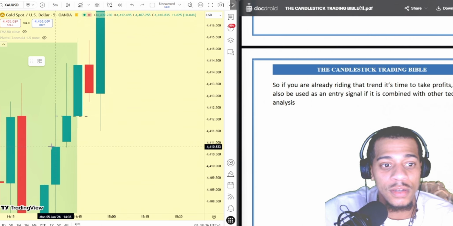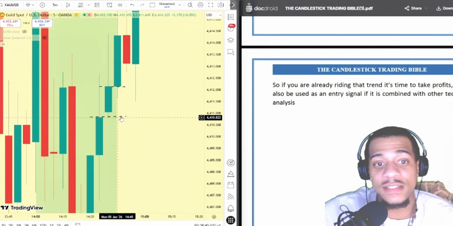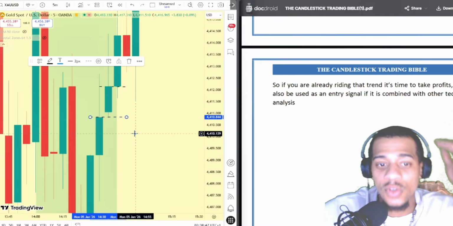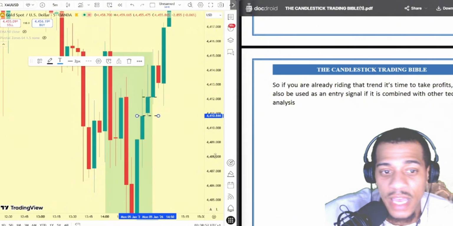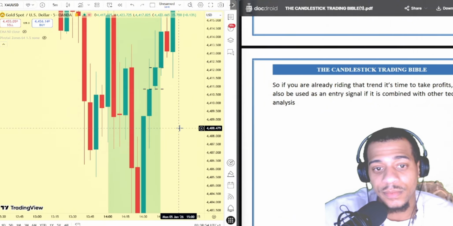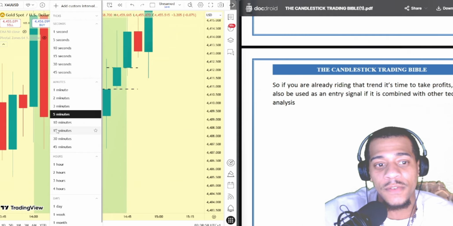Right here, it's not necessarily like that. That's essentially, without getting into it too much, and it's showing on these different time frames for sure.